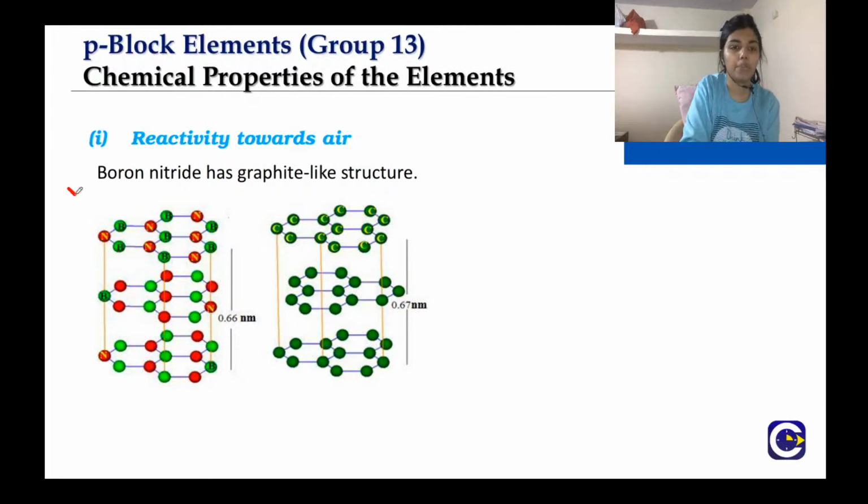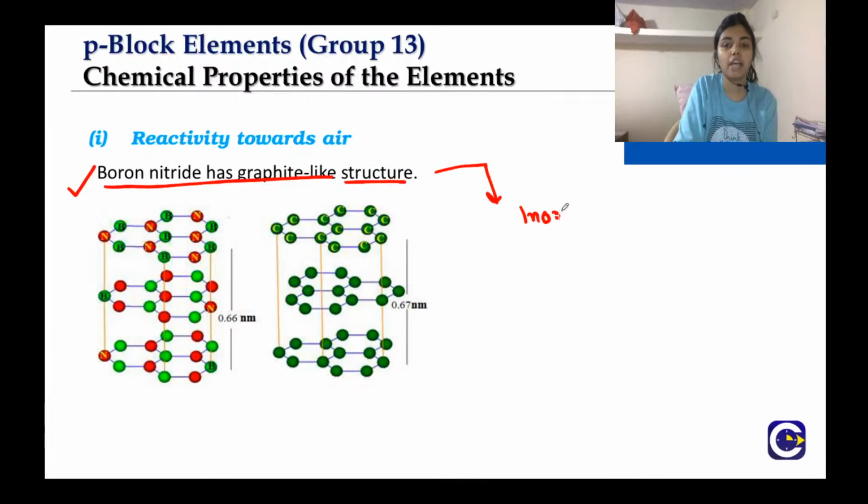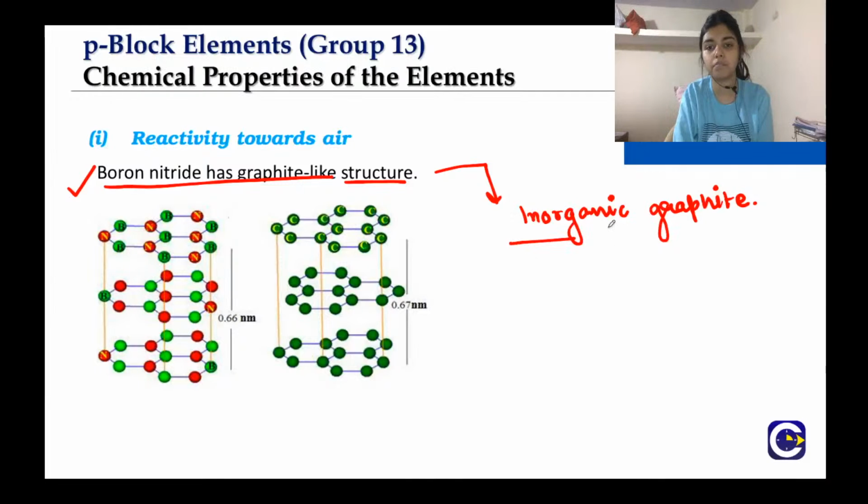Now this is very important, that boron nitride has a graphite-like structure. That is why it is also known as inorganic graphite. The details of the graphite structure, we will do in the next group, group 14 elements. When we study it, we will do the whole structure of graphite with elaboration there.